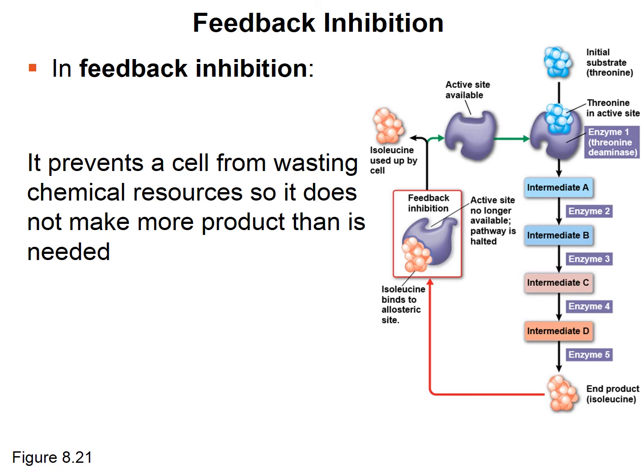It goes through different steps, and at the bottom, you see in pink, we have our end product. Now, once we get a high enough concentration of that end product, it's going to bind to that initial enzyme that was used to help create it. It's going to change its shape so the active site isn't available, so that substrate cannot bind in there again. So the end product is controlling whether more of it is made or not.